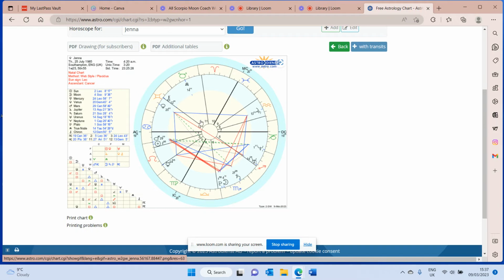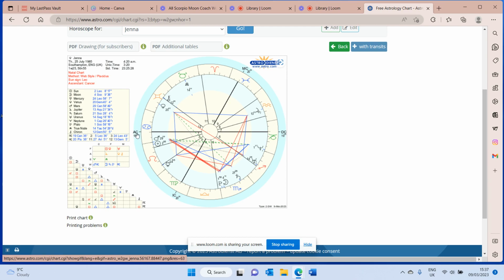And what we're looking at, the 12 zodiac signs are all around the outside of this chart here. So we've got Cancer, Leo, Virgo, Libra, Scorpio, Sagittarius, Capricorn, Aquarius, Pisces, Aries, Taurus, Gemini, and then back at Cancer here.